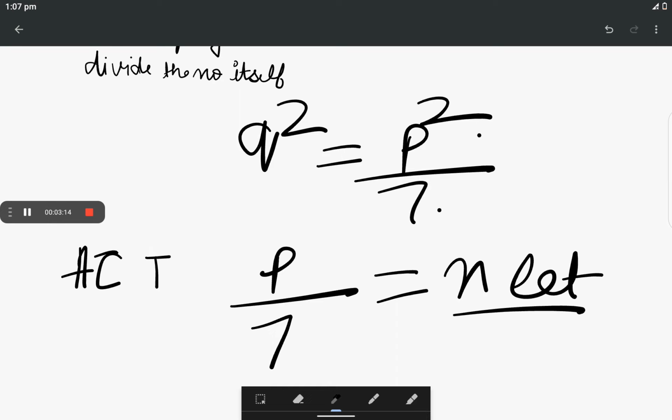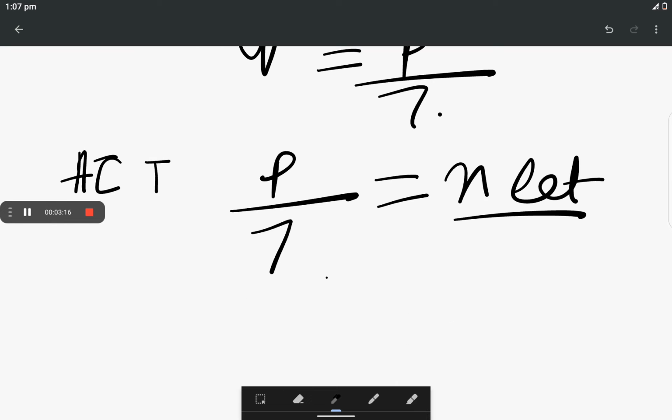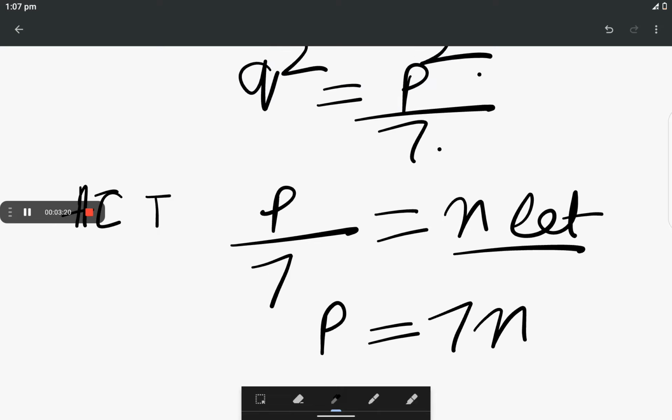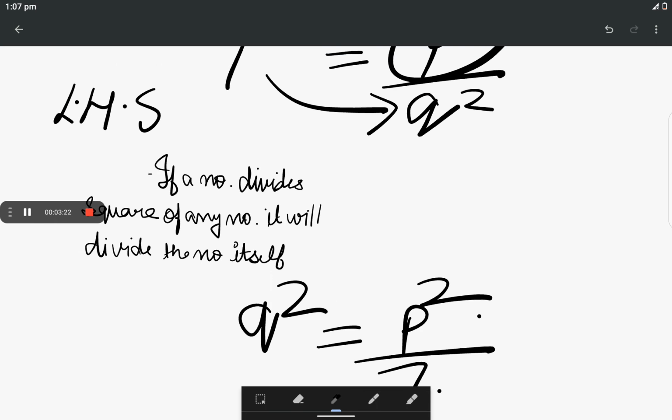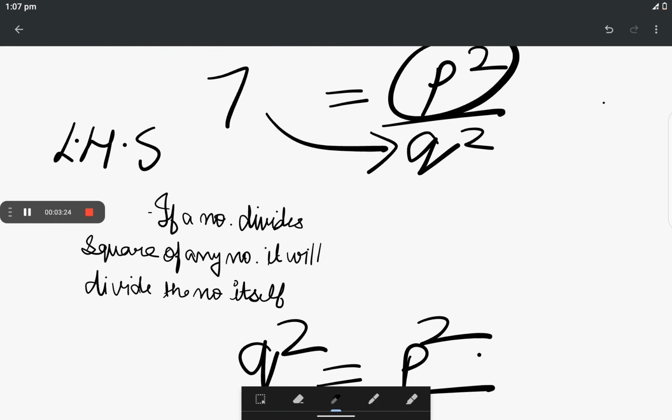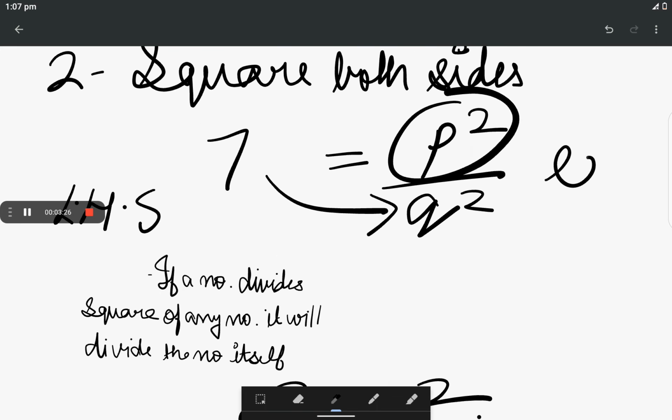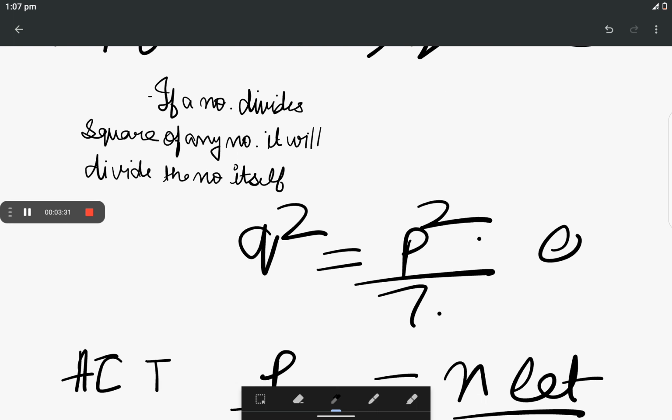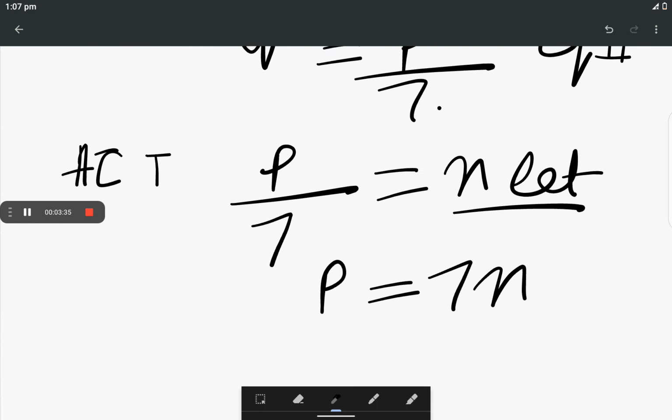We're going to let this. So p would be equal to 7n. Now keep in mind that this is equation 1. This is equation 2. Alright.